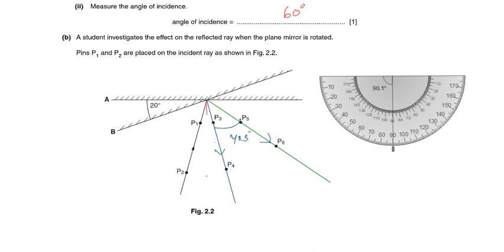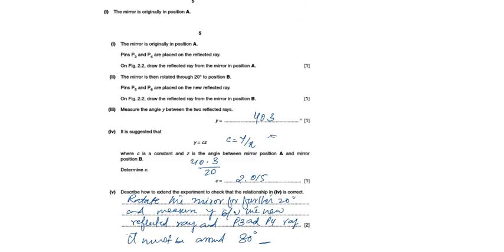Now, the next thing they want us to do. On figure 2.2, draw a reflected ray from the mirror in position A, right? So this will be the position. And then the mirror is rotated 20 degrees to position B. Pins 5 and 6 are placed in the reflected ray.